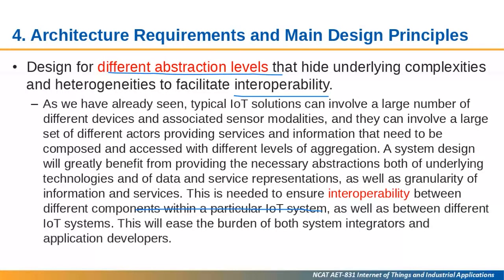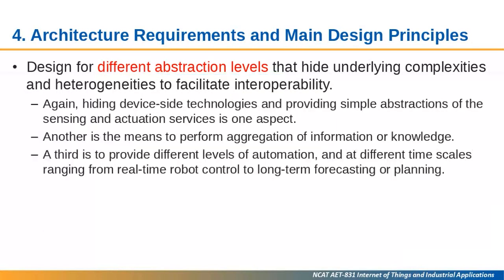So in that case, we would hide the complexity of heterogeneity. This is also related to the Open API. Basically, we want the Open API to communicate the information, but for the details inside the information component, we want to hide them so that we don't cause complexity there.